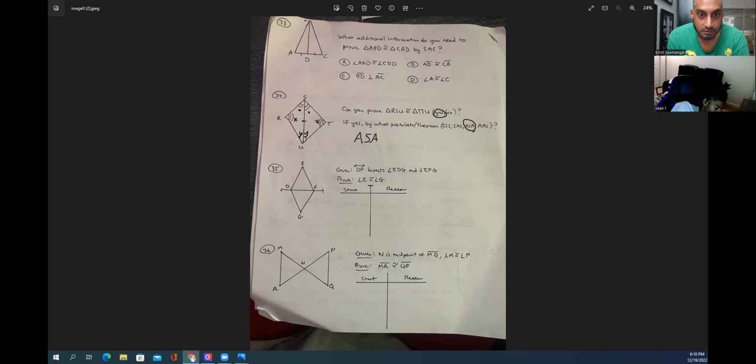Angle S on the left, then the common side, and angle Y on the left is equal to the ones on the right. So it would be like this, right? This is angle. There's your side. No, it's like this.